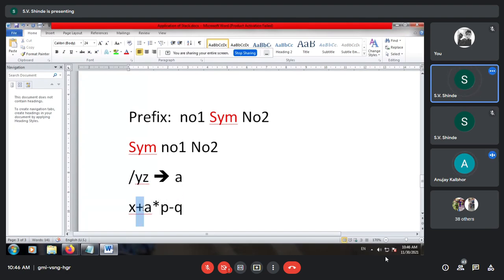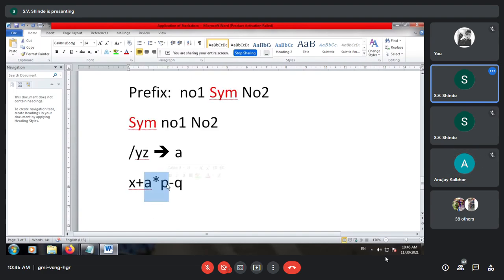So we get the first symbol plus, second symbol is multiplication, and next symbol is subtraction. Multiplication has higher priority than plus, and multiplication will be executed. So we'll group this again and let us find its prefix: multiplied by a, p, and let us change it to a particular symbol, say b.